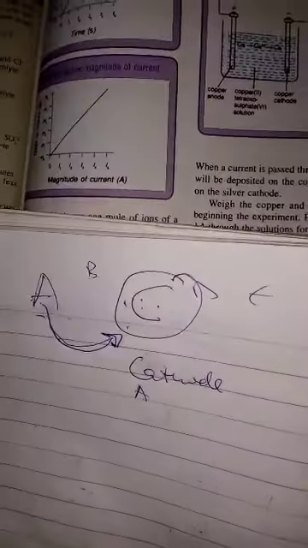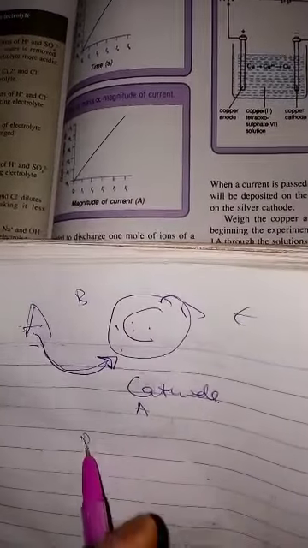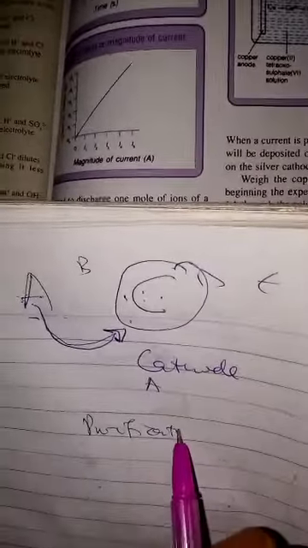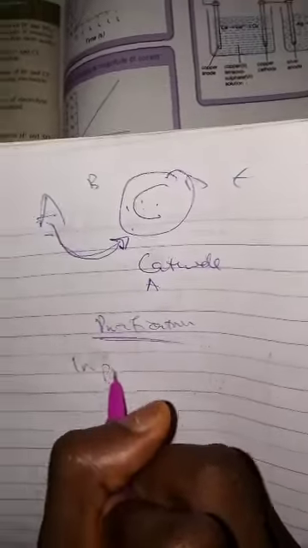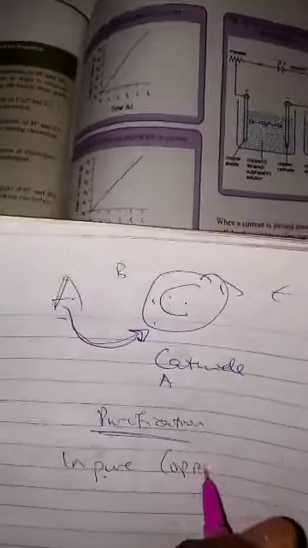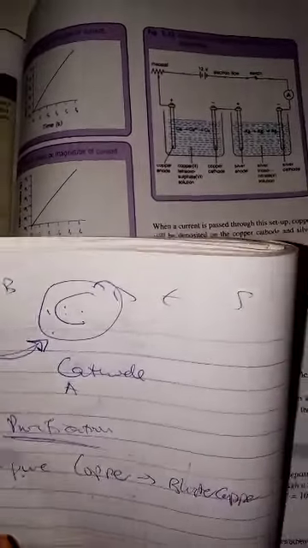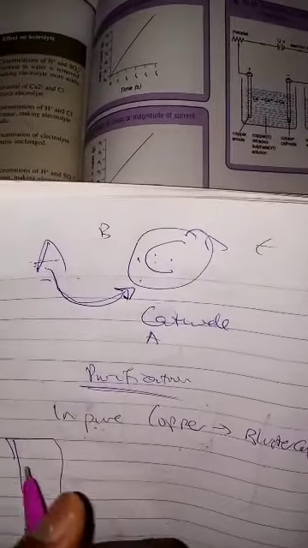We also use the same principle in purification. In purification, let's say you have an impure copper. An impure copper is always called blister copper. Let's say you have blister copper here.